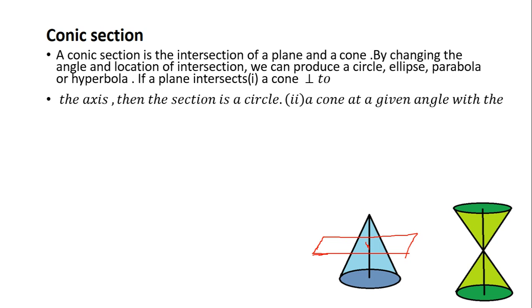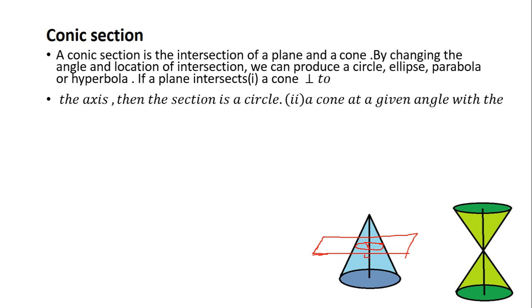This angle is 90 degrees, so the section formed here is a circle. If the angle between the plane and the axis of the cone is 90 degrees, then a circle is formed.